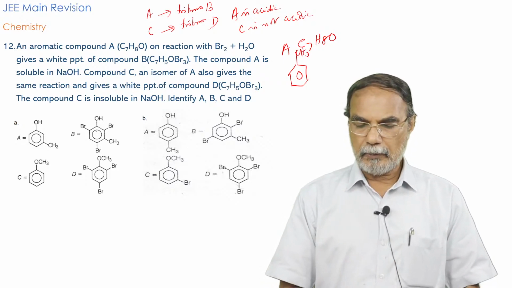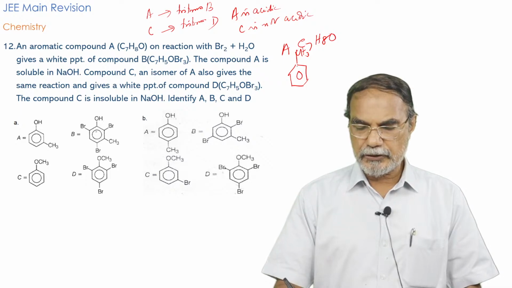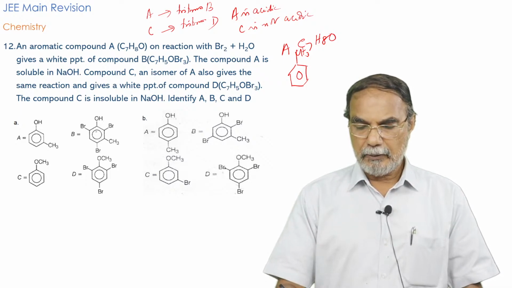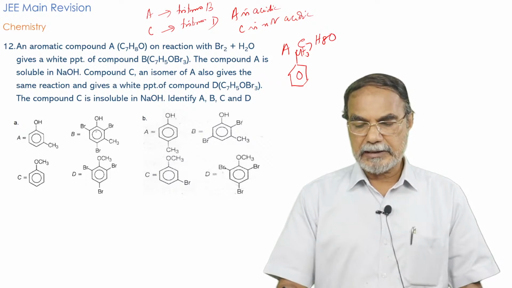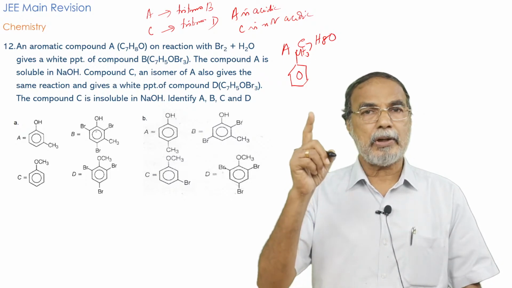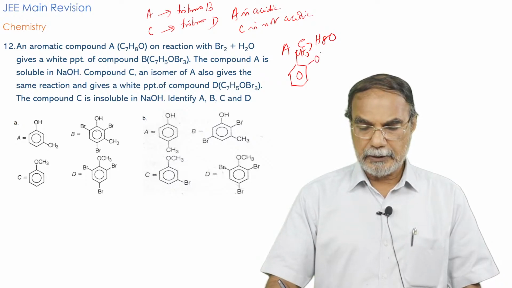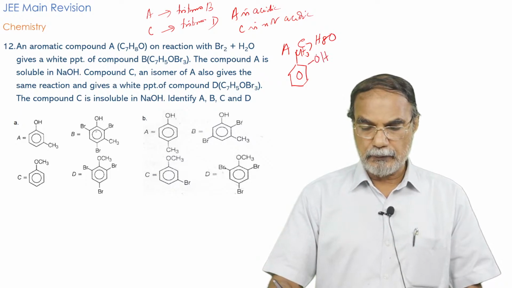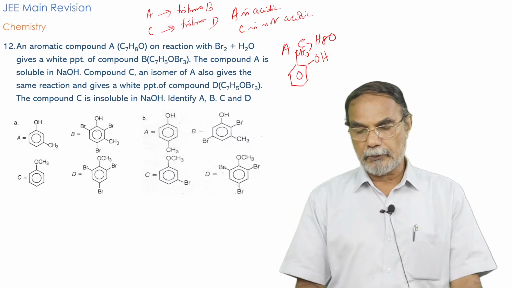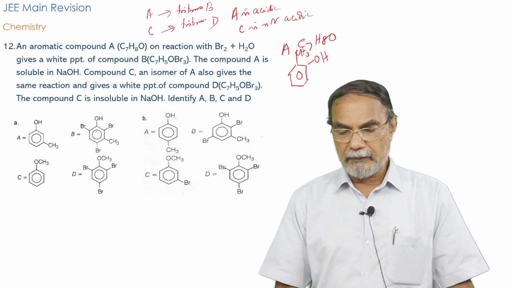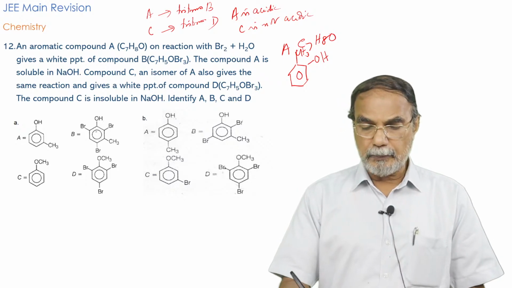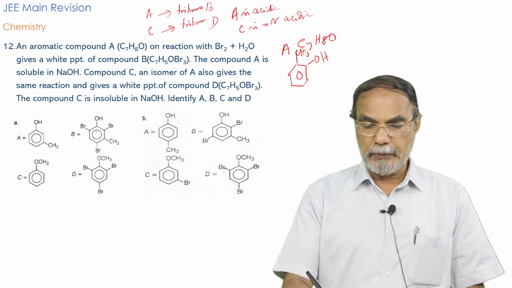And now count the number of atoms. 6 plus 1, 7. Already 1, 2, 3, 4, 5 plus 3, 8. C7H8. And then there is 1 oxygen. That means this compound must contain an OH group. In the place of H, you have an OH group. So what is given is a phenolic compound and it is justified because A is acidic.